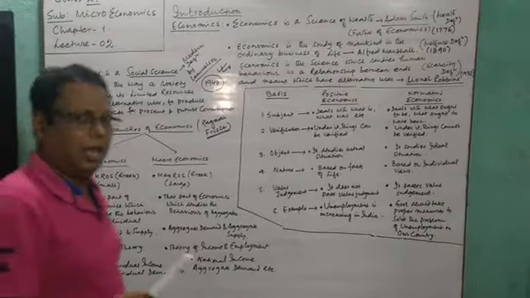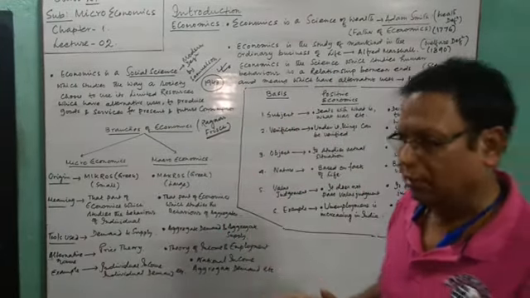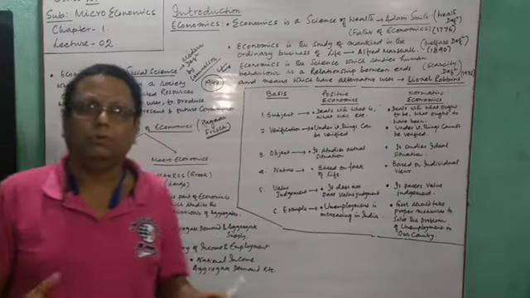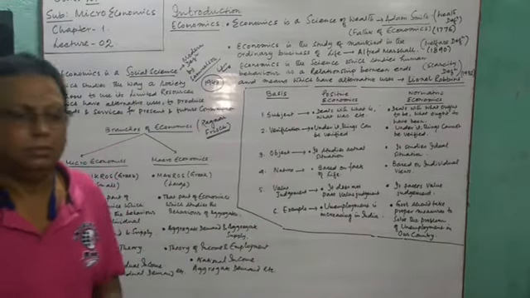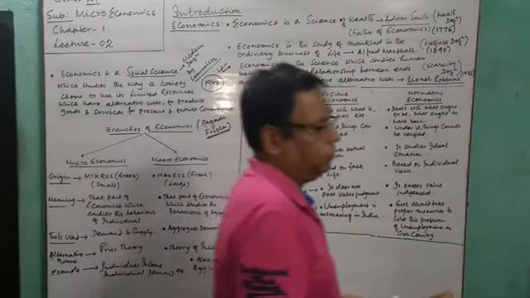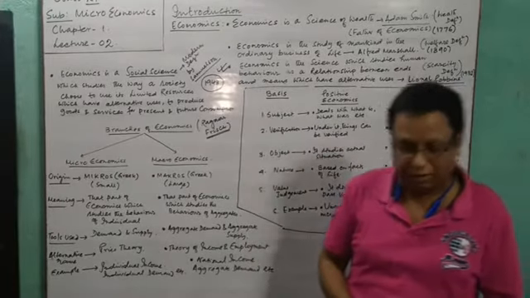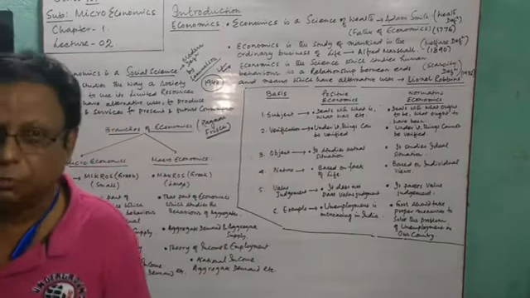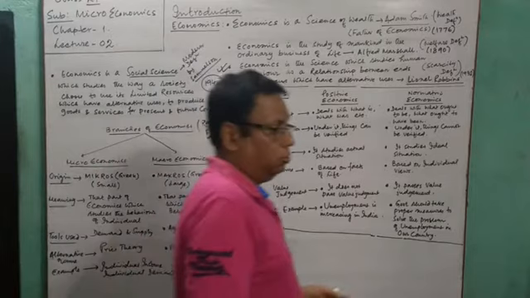In my last class, I had explained what is an economy, and in this connection, I told you what is need, want and demand. I told you that these three terms are very important terms of economy, and they are interchangeably used by us or even by the economists.